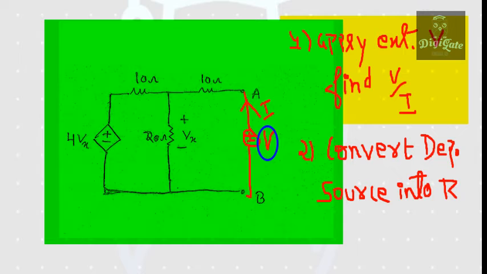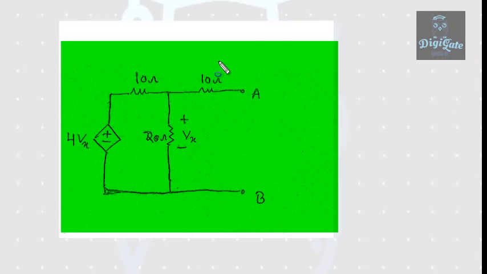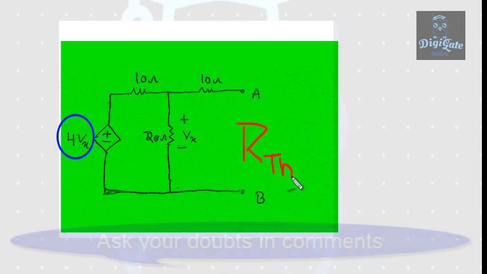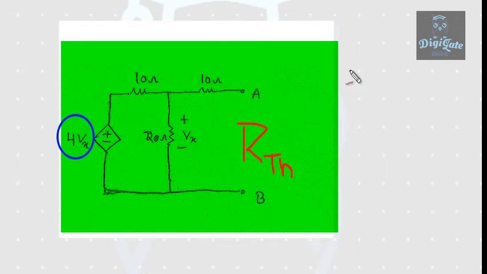Or the other thing that you can do is to convert this dependent voltage source into a resistor. Now let us see how we can convert this dependent voltage source into a resistor to calculate RTH across AB. Remember, this method will not be applicable in each and every circuit.